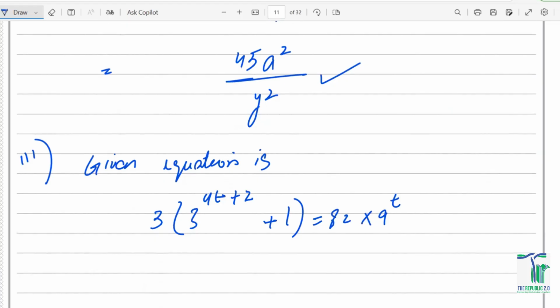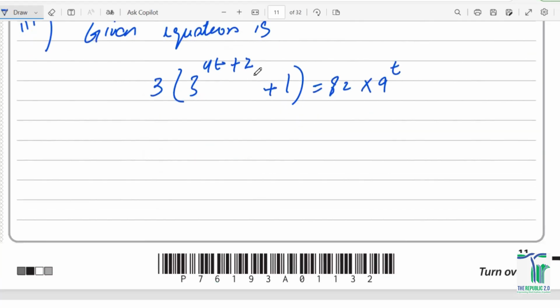Now what I'm going to do, I'm just going to split them down, and I would be having 3 times 3 to the power of 4t times 3 squared plus 1 equals 82.